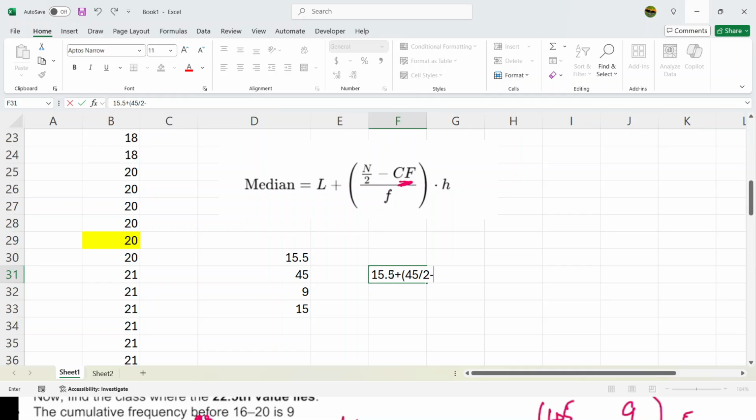CF here is how much? CF is 9. Then we divide this by F, which is 15, and multiply by the height, 5. So let me close that bracket.